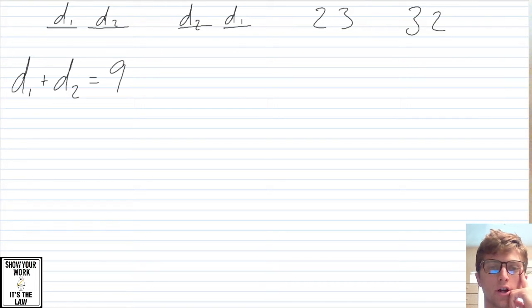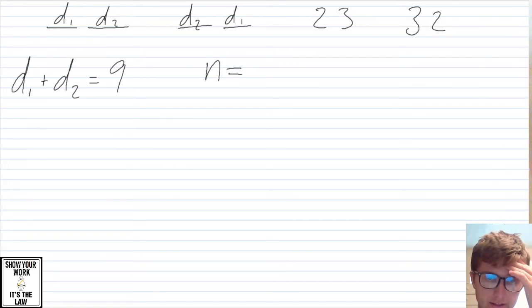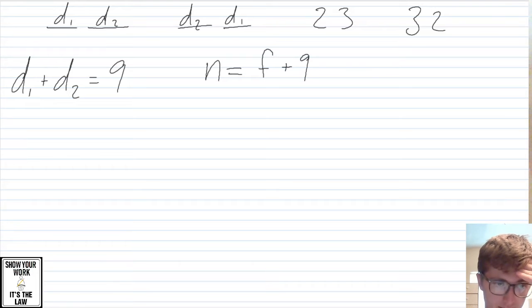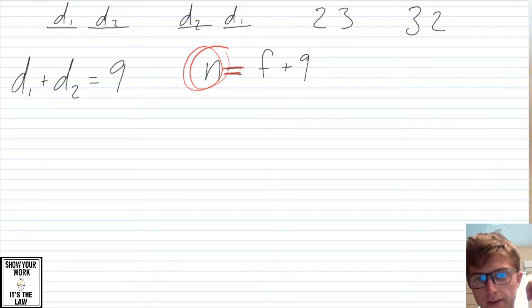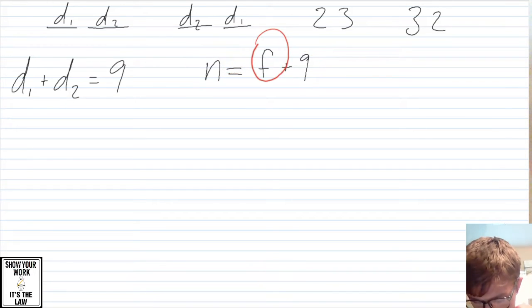So our new number, let's go ahead and write that. Our new number is 9 more than our original number. O looks too much like a 0, so I'll do our first number plus 9. So that's our second sentence. Our new number is 9 more than our first number.